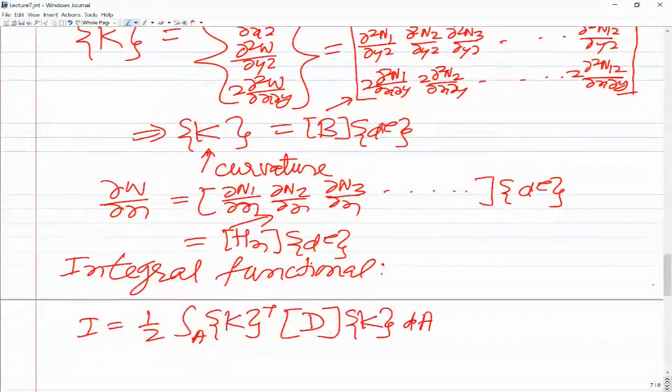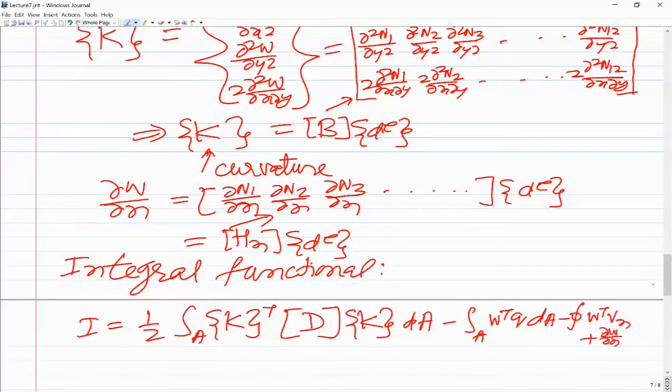We have already written this, the only thing is I'm using these notations. Minus you have integration over area of W transpose into Q dA, minus we have this boundary integral of W transpose into Vn plus del W by del n transpose into.